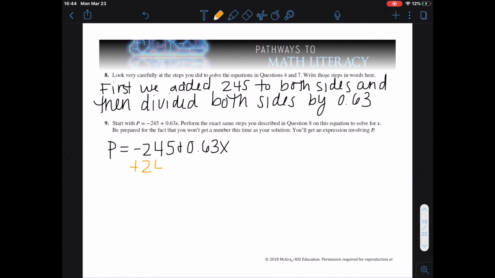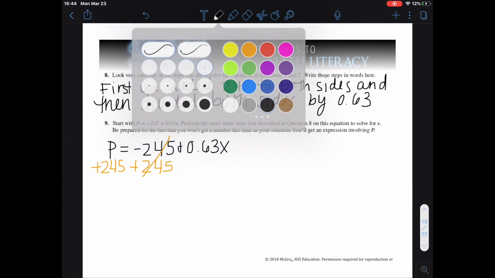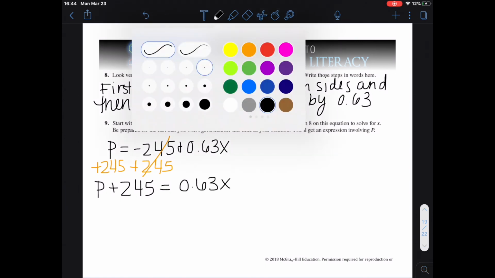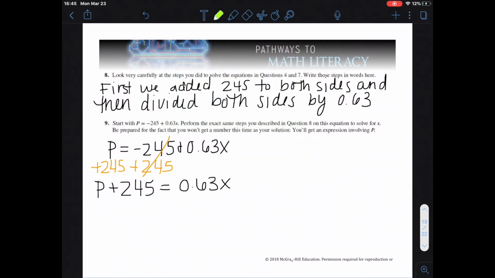You add 245 to both sides to make these cancel. Now p is a variable, so you can't combine it with 245. All you get is p plus 245. And that equals 0.63x. So first step was add 245. Second step, divide by 0.63.